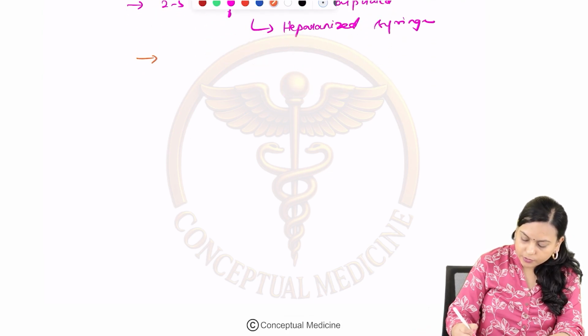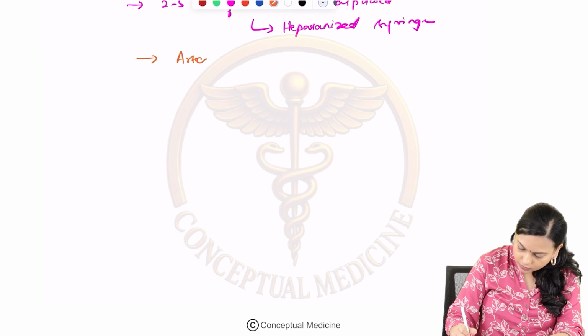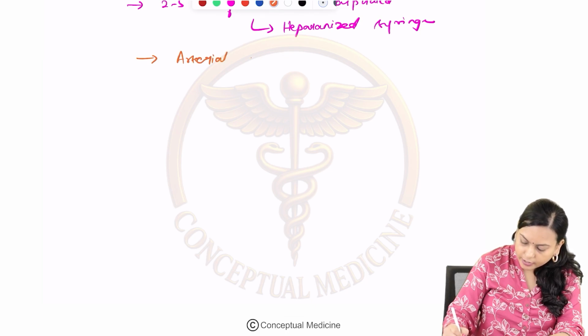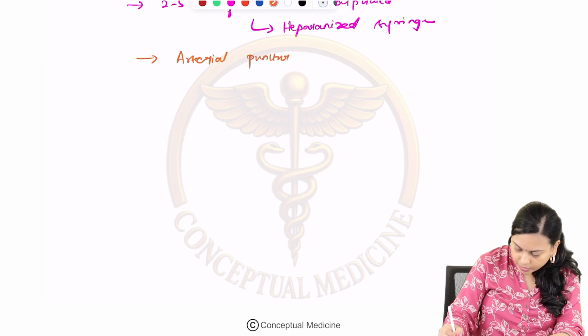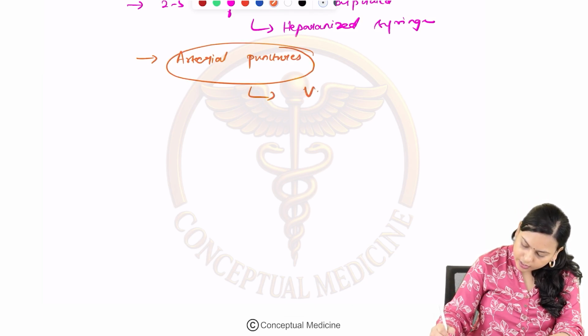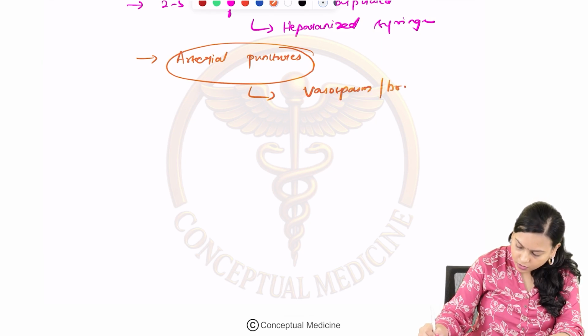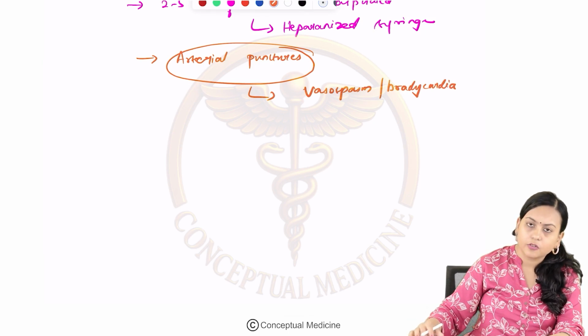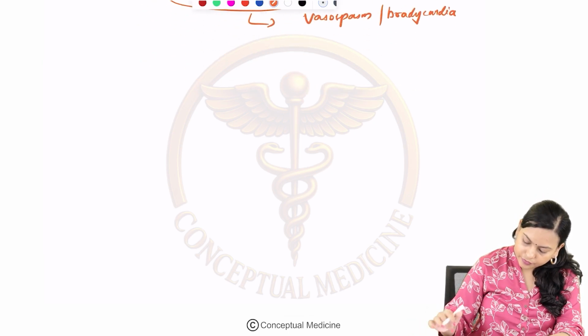So doing these procedures, we should avoid arterial punctures, because if we do arterial punctures, there is chance of vasospasm or it may lead to bradycardia in the fetus, okay.